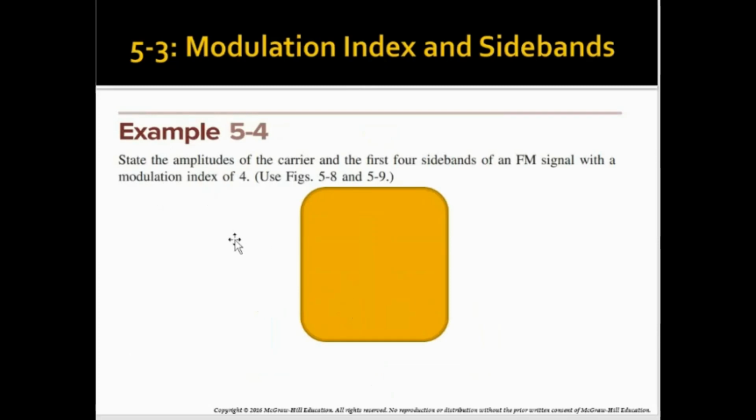Okay, so I have one example here. State the amplitudes of the carrier and the first 4 sidebands of an FM signal with a modulation index of 4.